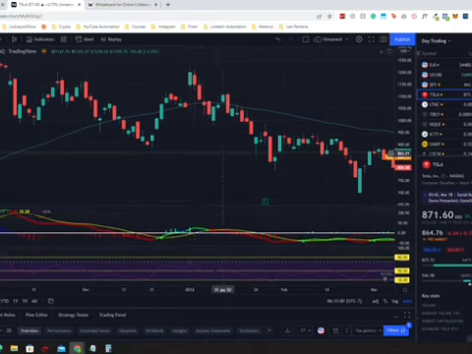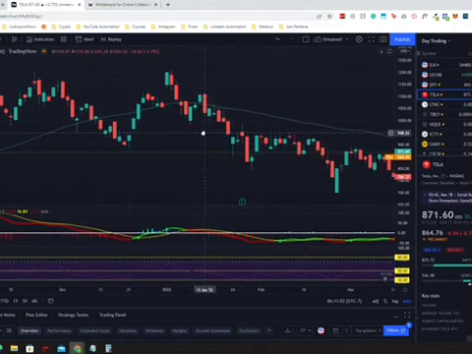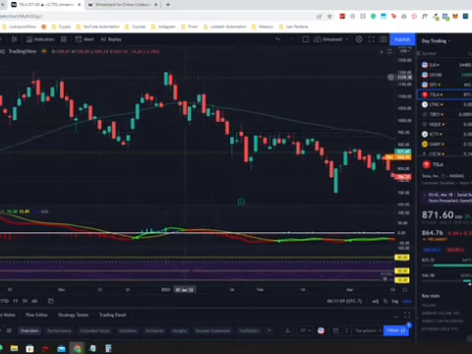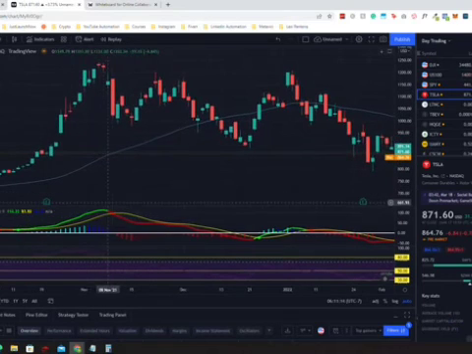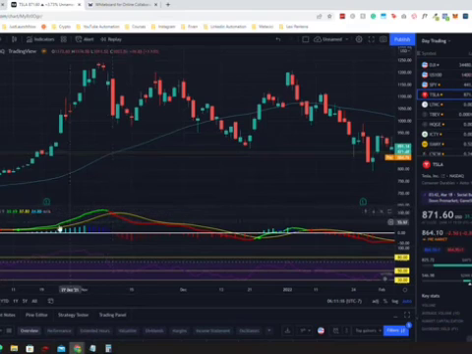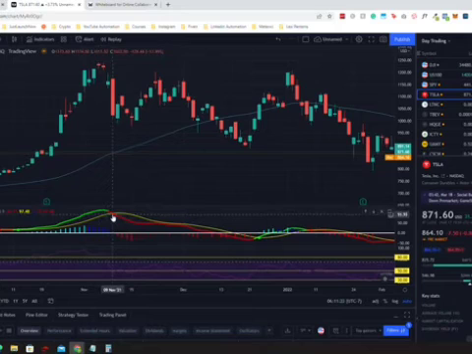And if you know what shorting is, shorting basically means you're betting on the price of the stock or company to go down. And you can use the MACD, the moving average convergence divergence, to short basically. So let's say you see this line over here, it's a bullish line and it crosses the moving average and it goes down.